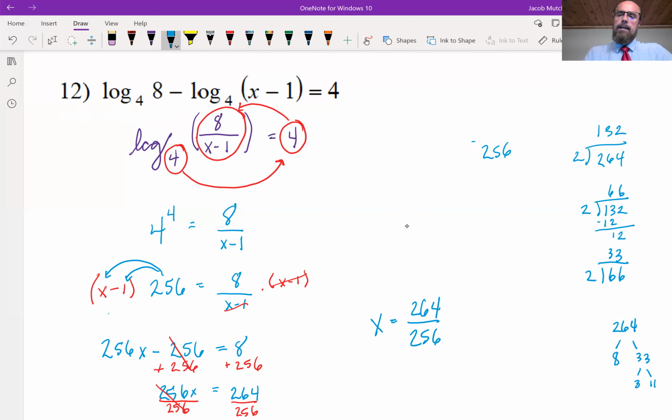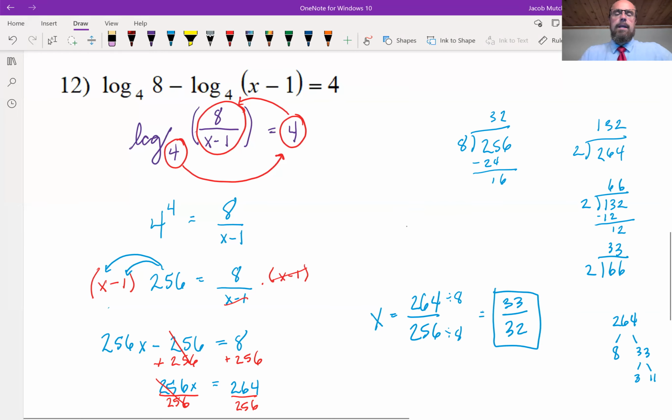Let's divide 8 out of 256, and that's going to give us 32. We'll make that final formalization here. If I divide 8 out of both, I'm going to get 33 over 32.